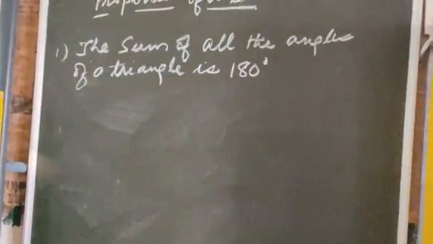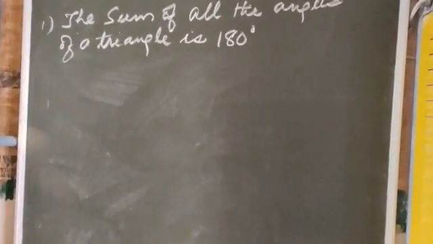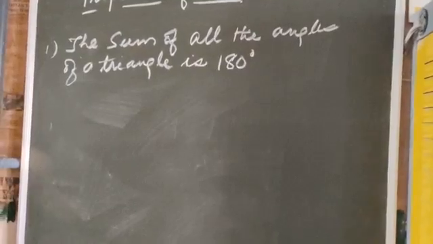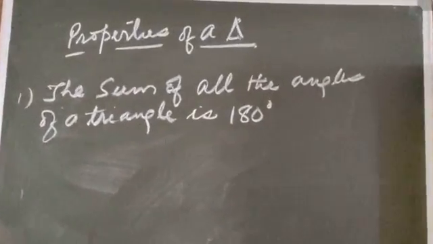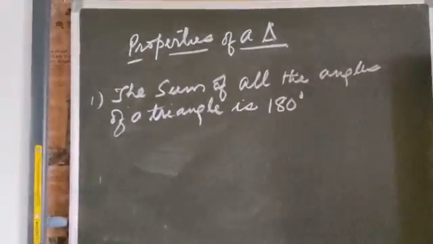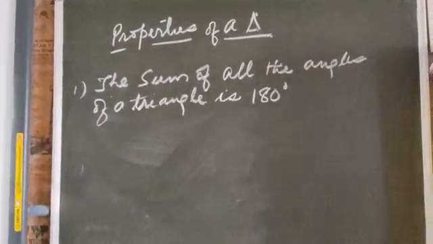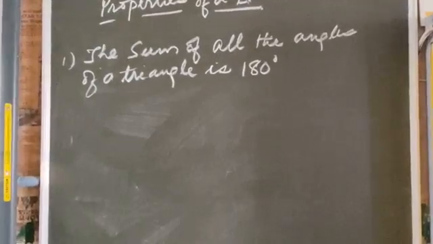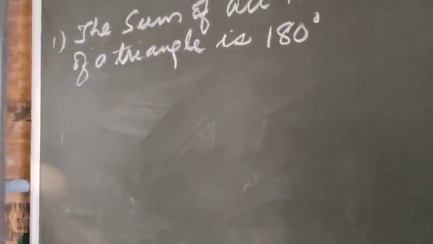That means it should not be more than 180 or less than 180. So that is the first property.